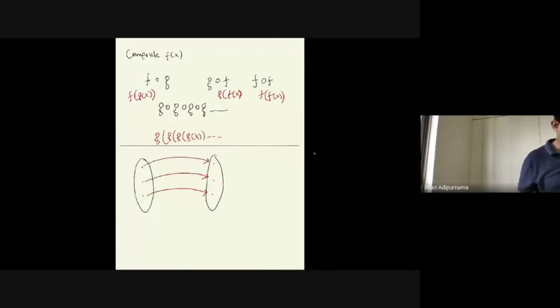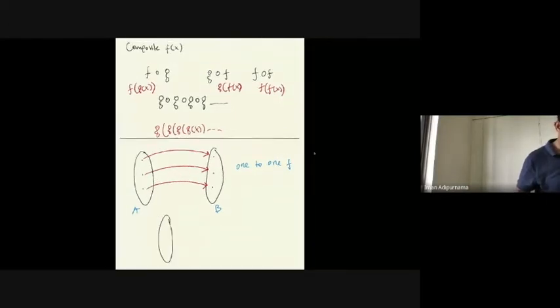Okay, maybe you have learned this before. This is called 1-to-1 functions. If you have two arrows going into one dot, then this is not 1-to-1.